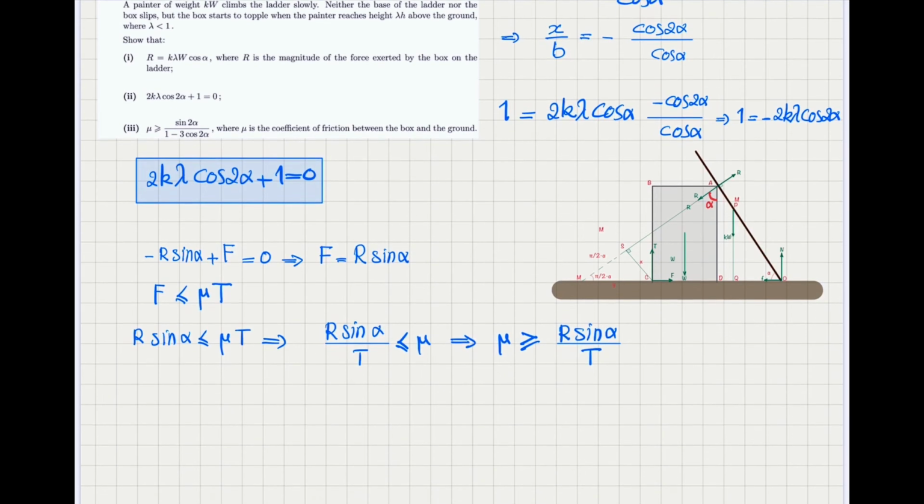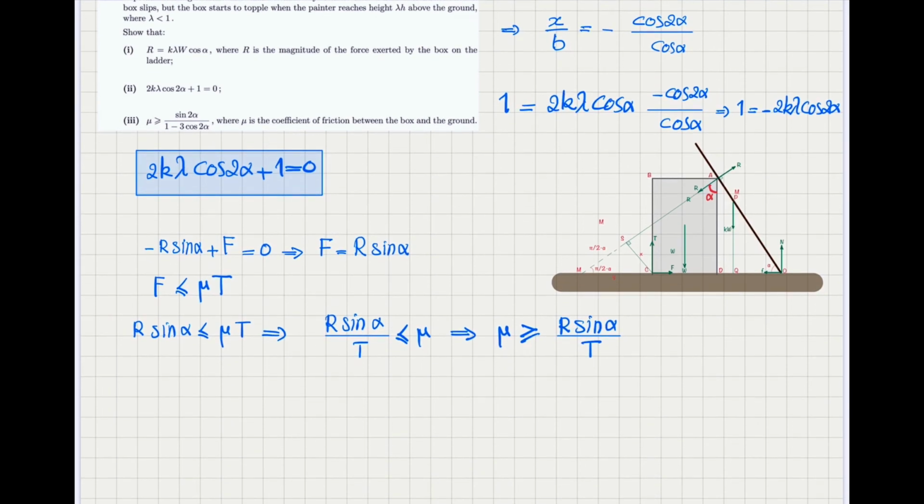Okay, now let us write the equilibrium condition in the vertical direction. I have three forces. One of them is of course T pointing upwards, the other one is W pointing downward, and the other one is the vertical component of R. As I told you, if this is assumed to be R, then the vertical component, with angle alpha here, has length R cosine alpha, and it's pointing downwards.